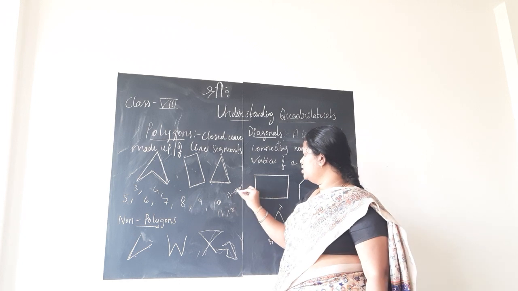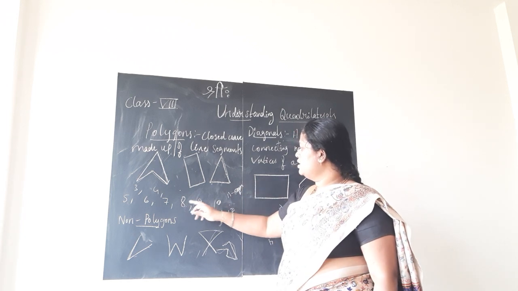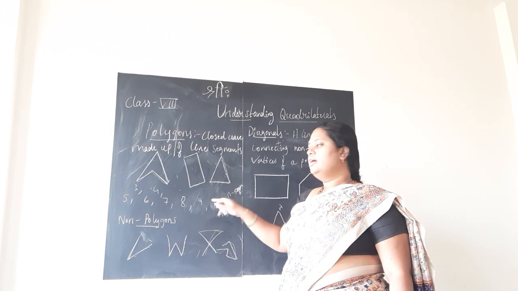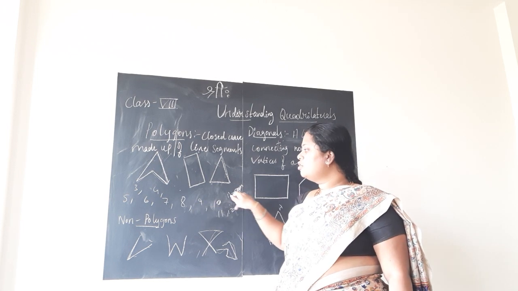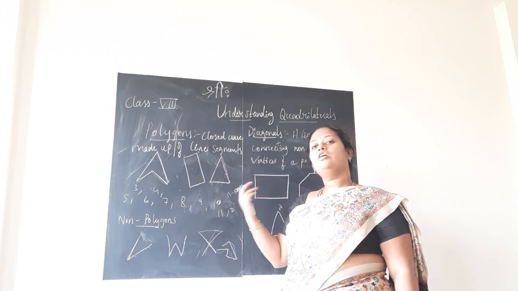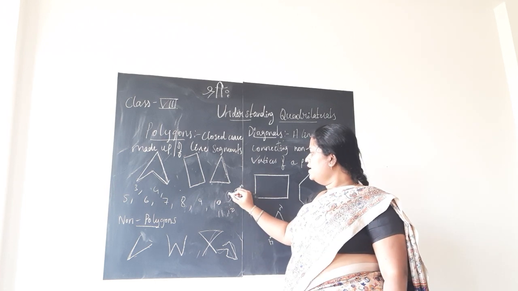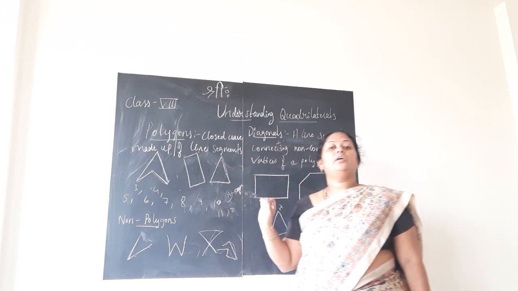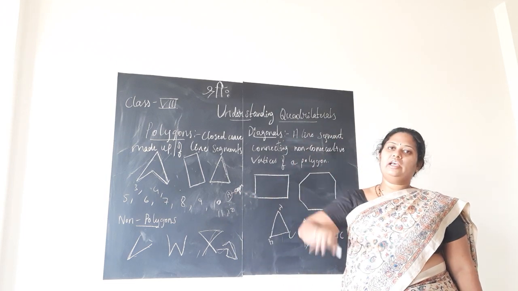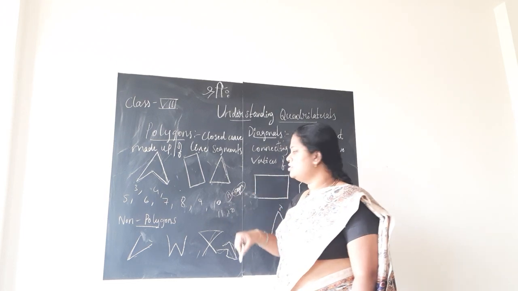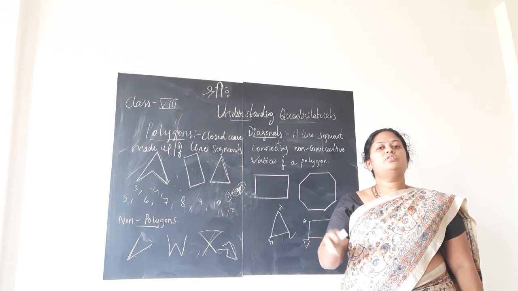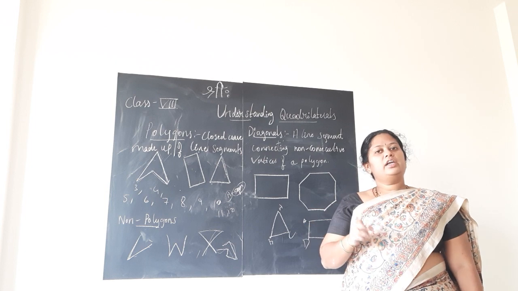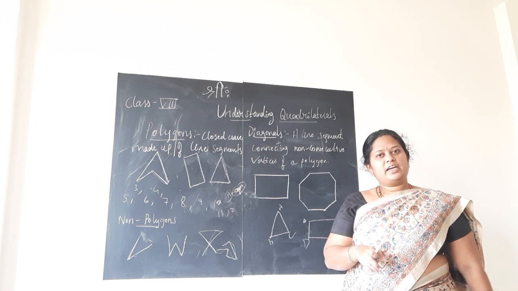Yes, n-gon, G-O-N, as in hexagon, heptagon, octagon, pentagon, children. So n here means this number. Hyphen gon, G-O-N. Gon does not mean G-O-N-E. This gon is different. It is just G-O-N. It is used in classifying polygons. We studied polynomials in the algebraic identities lesson.